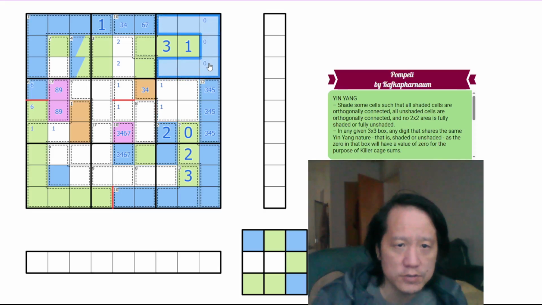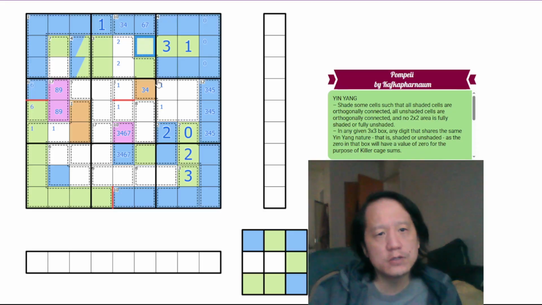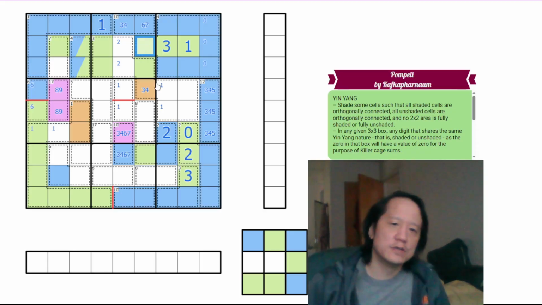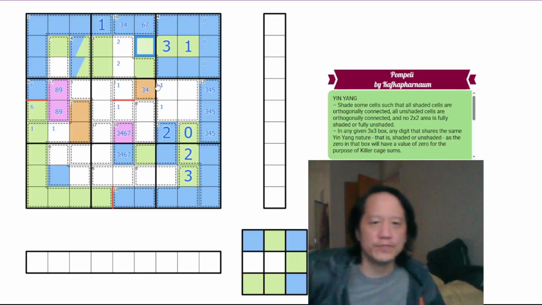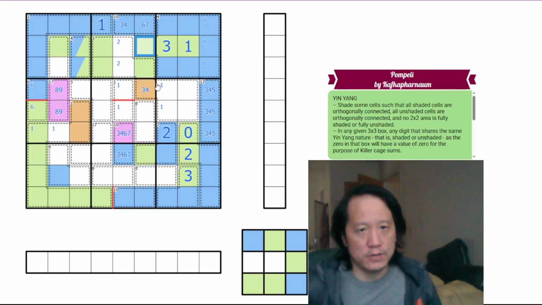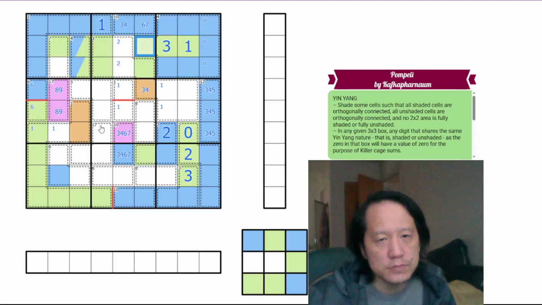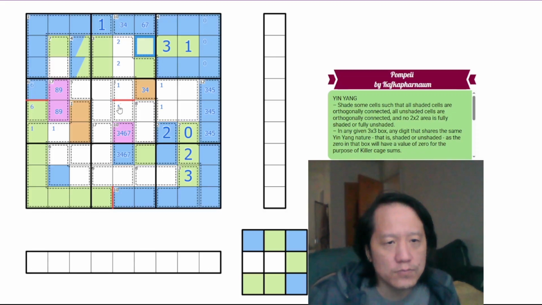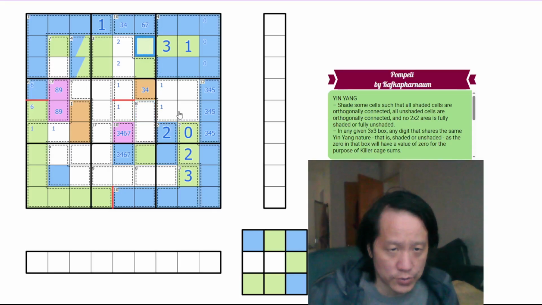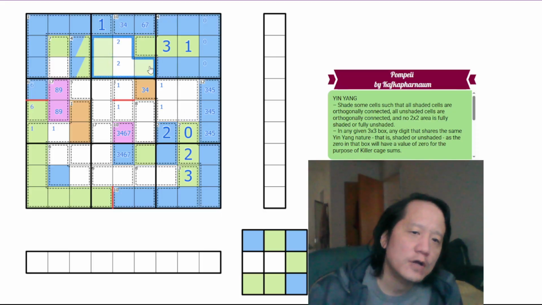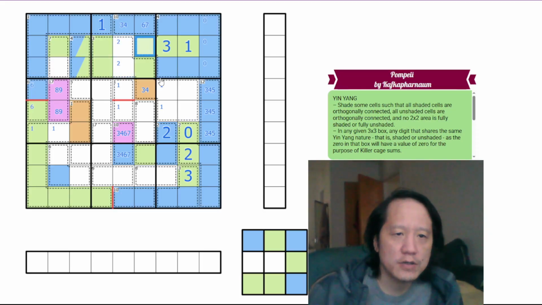So how did we know what that is, kind of the question. This can't be 2. So this digit cannot, okay, 5 can't be here, 5 can't be here.